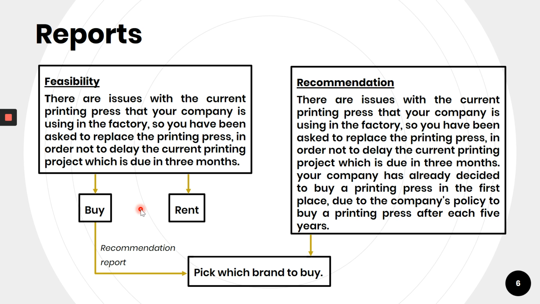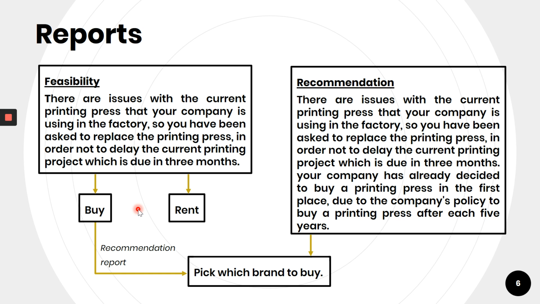Or maybe renting is better. You might also want to look at schedule feasibility since we have the due date here. So in the report, you would compare which one is the better option, buying or renting, by looking at the financial and schedule feasibility, for example.